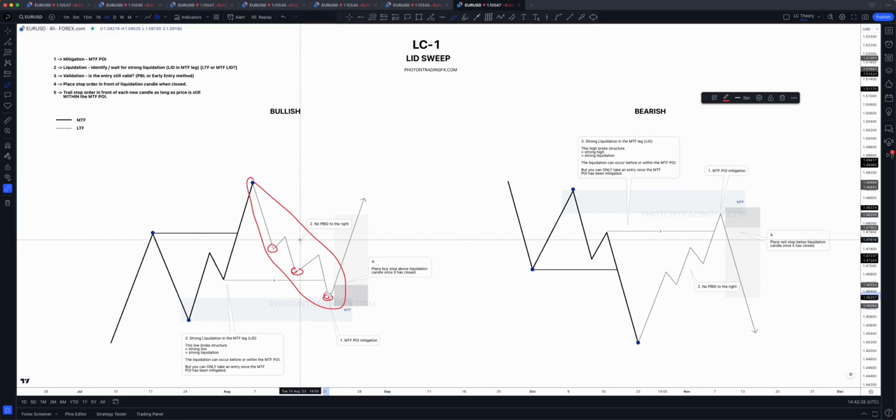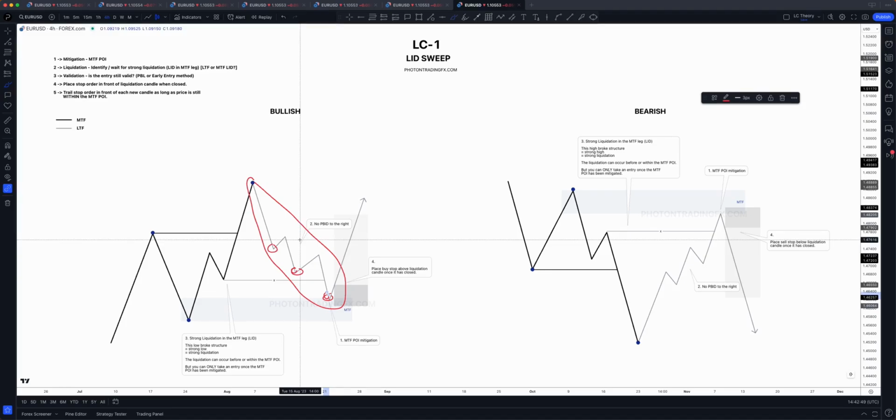So in the following lessons, I'm going to go into a lot more depth of when you should think about using LC1, because I personally only use it in rare circumstances. I'm a lot more strict of when I will even consider using LC1 because it's a much more aggressive entry model. So I do want to get that out of the way first.